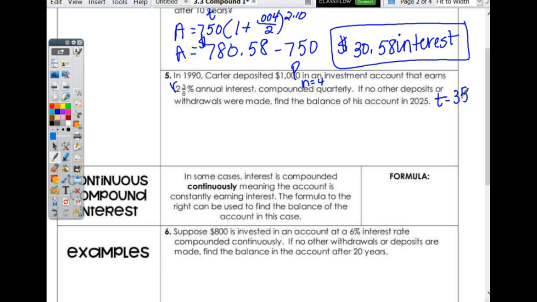Okay, so everybody's okay with this so far, and then you're going to start writing this down. You're going to write A equals 1,000 times 1 plus, oh gosh, it's a fraction and a decimal both at one time. You can't just leave it blank. So everybody pick up your calculator. Type in 3 divided by 8.